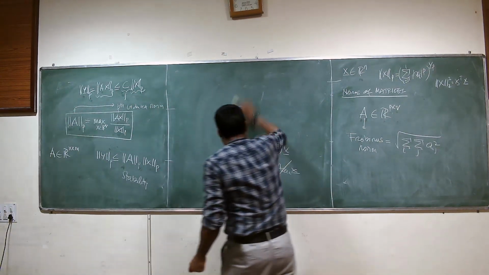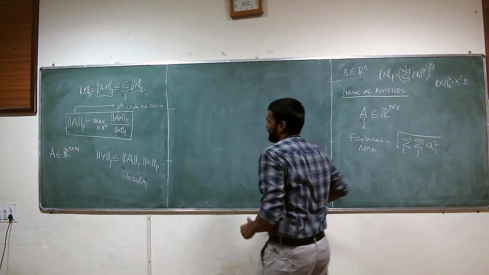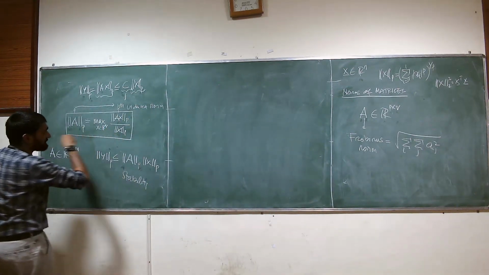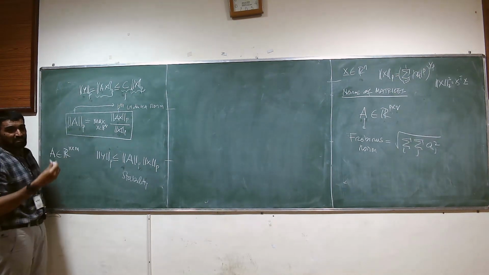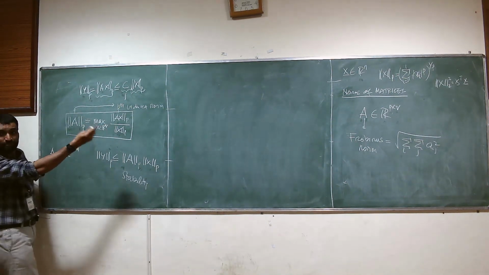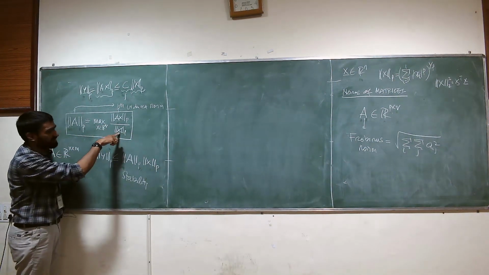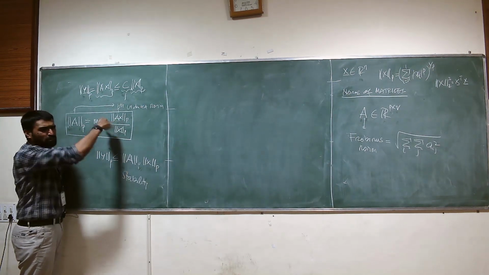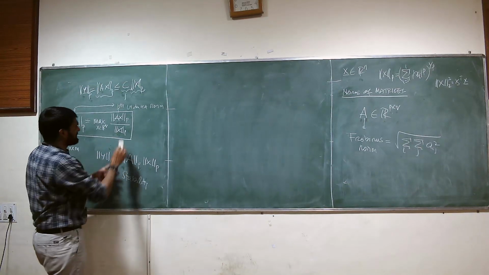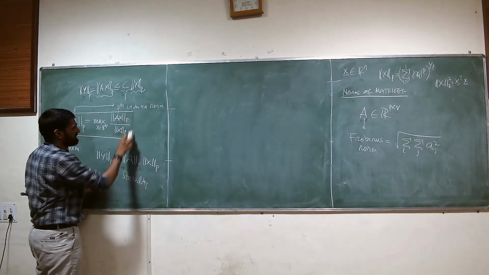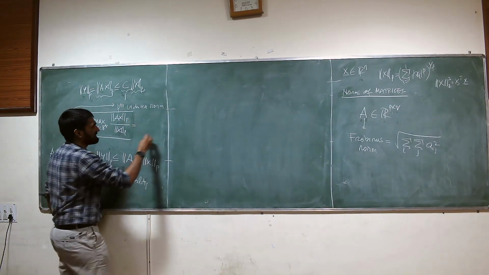Again, maybe that's a bit too abstract. Another way to simplify this: we know linear transformations obey the scaling property. If I scale x by a factor of alpha, the numerator also gets scaled by a factor of alpha. So instead of taking all possible x's, you can also define it like this.